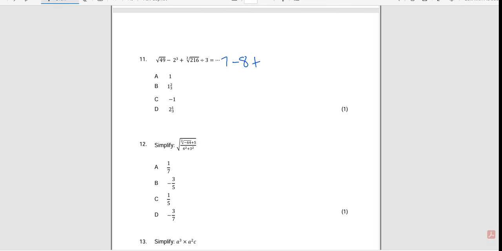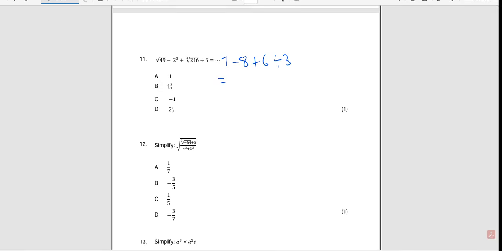So 6, shift, then square root: 6 to the exponent of 3. It's going to give me 6. You simply use a calculator. So it's going to be 6 divided by 3.